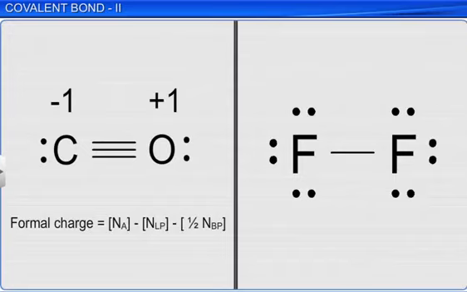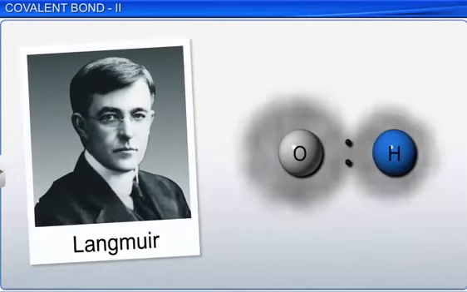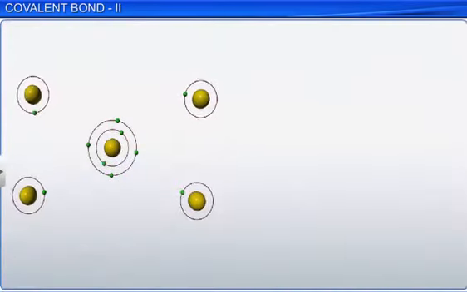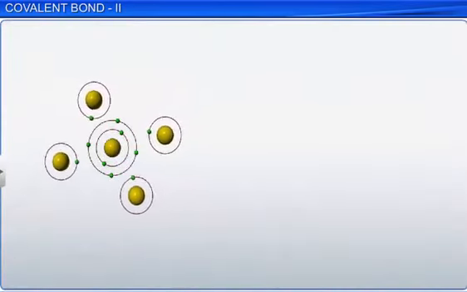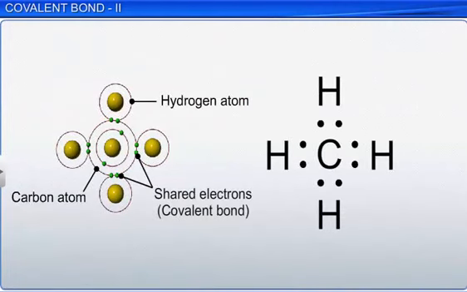Let's understand what a covalent bond is. In 1919, with the help of Lewis postulates, Langmuir brought in the term covalent bond to define a bonding pattern where the electrons are not transferred. In covalent bonding, atoms share electrons so that the number of valence electrons in each atom becomes 8.